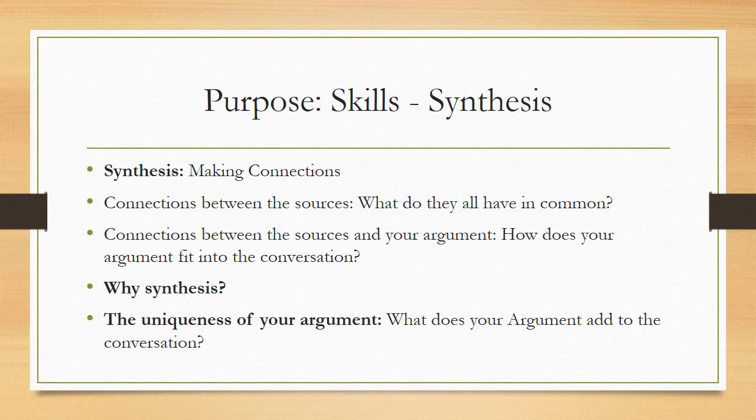And they're all a little distinct, right? None of them are saying exactly the same thing. Similarly, you should not be saying exactly the same thing, because that would make your paper redundant. Your argument needs to be somewhat unique. A question you should ask yourself is, how do I add something to this conversation? How do I throw a new idea into the mix? What did these other three sources overlook?